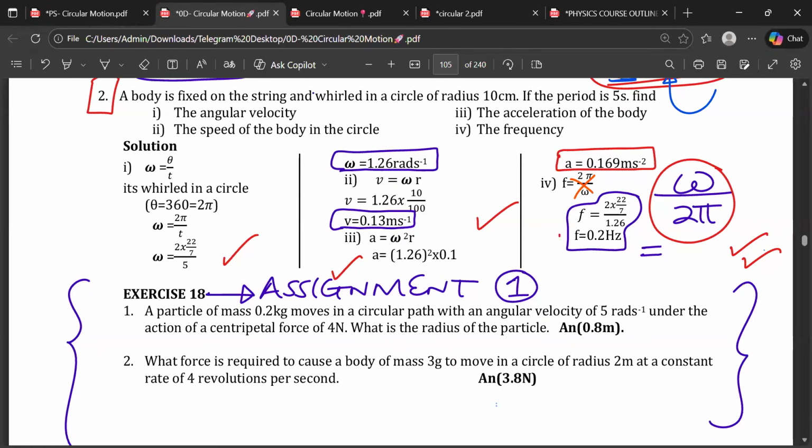Which one did you get? 1.58. What? Yes. This is what I'm also getting. Yeah, you're right. Let me check what these people did. Squared.